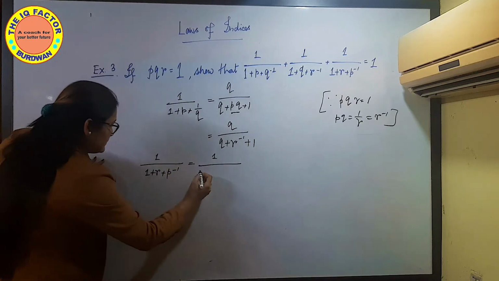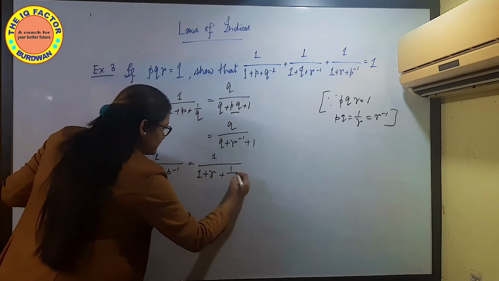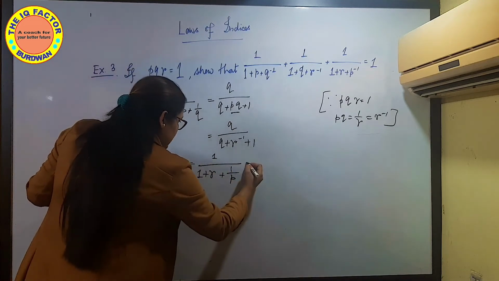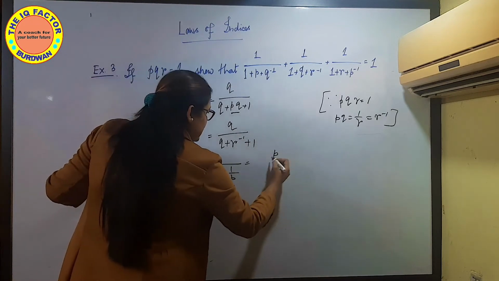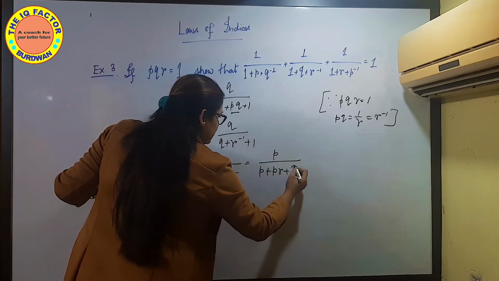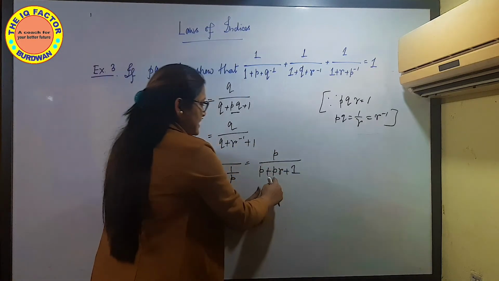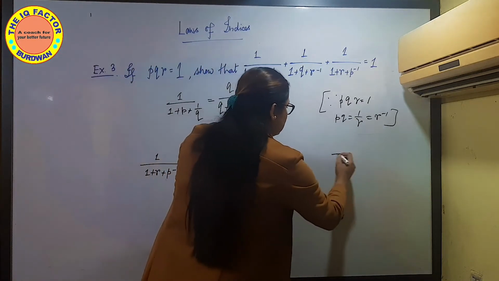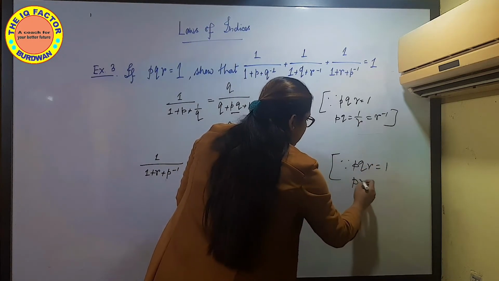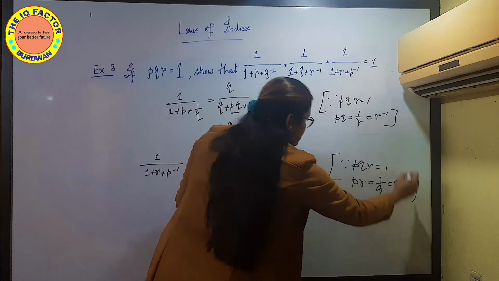Simplify this: 1 plus R plus P inverse, which means 1 by P. After simplifying, we will get P by P plus PR plus 1. Very simple. And what is PR? From the given condition, PR is 1 by Q, that is Q inverse.